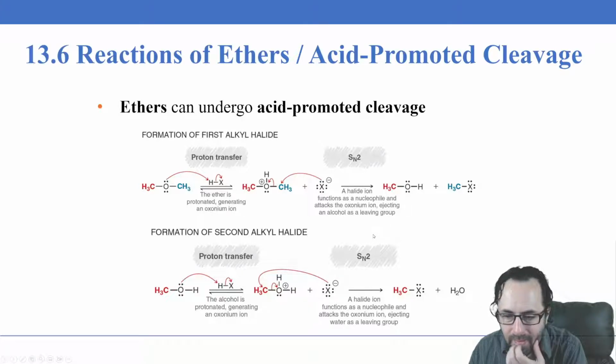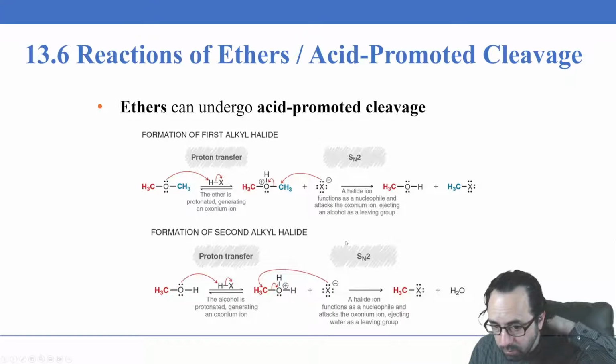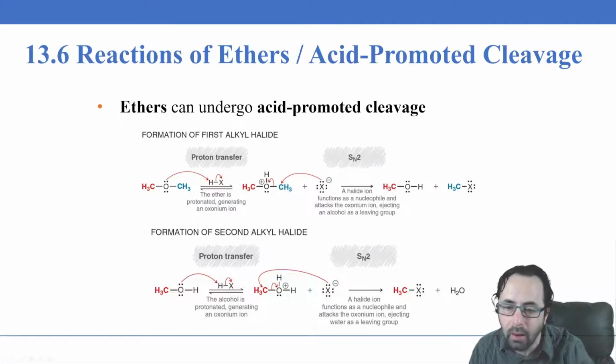And so there you go. And then in addition, you can form a second alkyl halide in this fashion because you've still got the alcohol. So if you react with two equivalents of the acid, you'll have a protonation of the alcohol. Again, you can have another SN2 reaction. Now you've made another alkyl halide, and all that's left here is water.